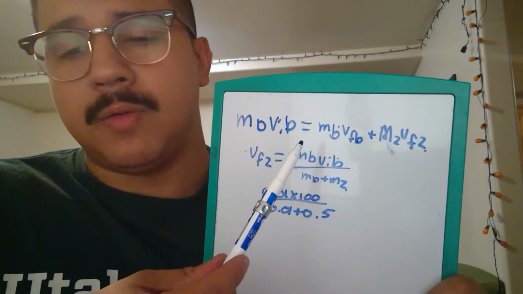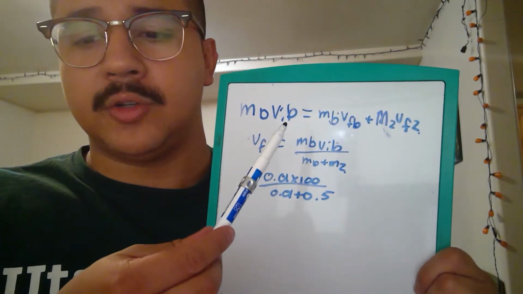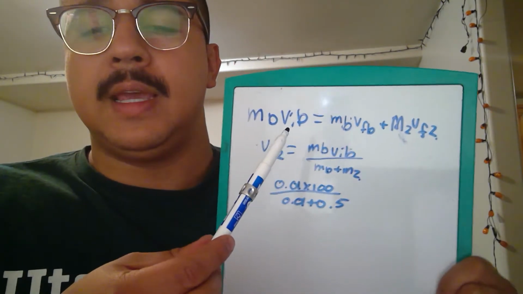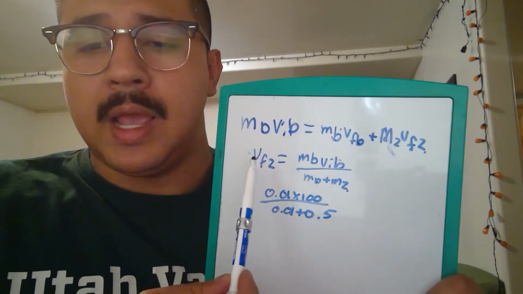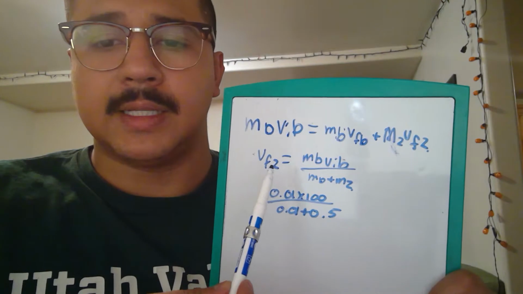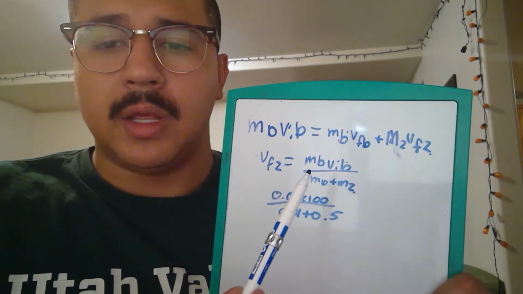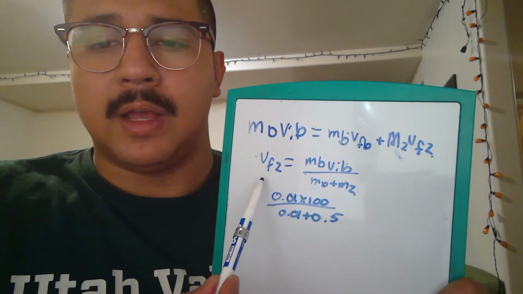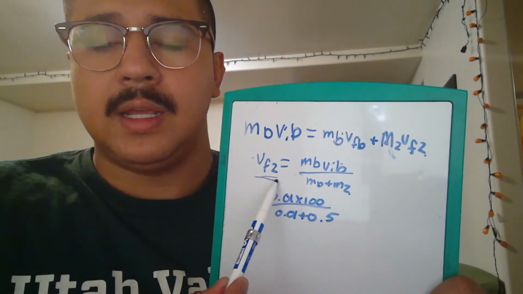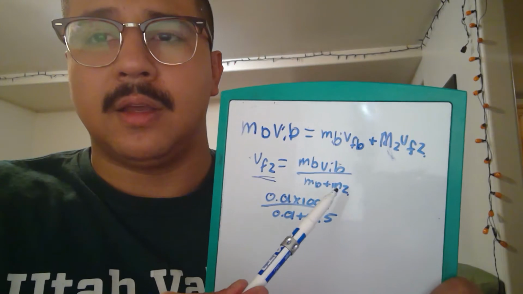And this is the equation we derive when we know that the momentum of the initial is equal to the momentum of the final. So this is what I put down, and we're treating the bullet and the second block as a separate system. So I'm going to rearrange the equation so that I can get the final velocity of the block on one side and all the other pieces on the other.